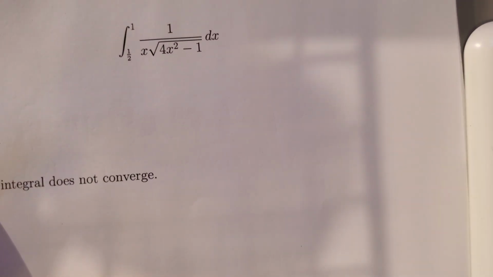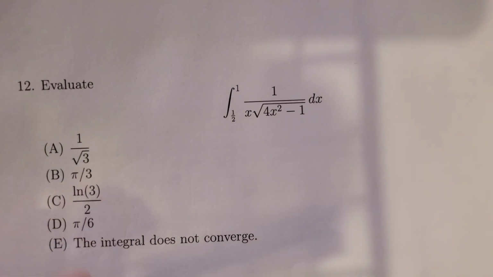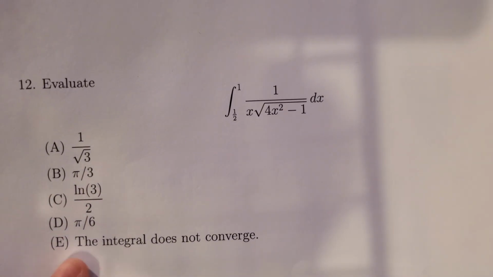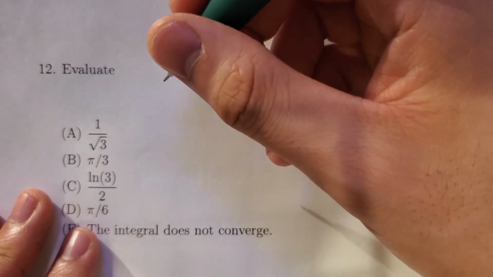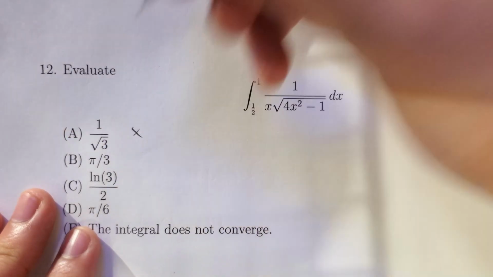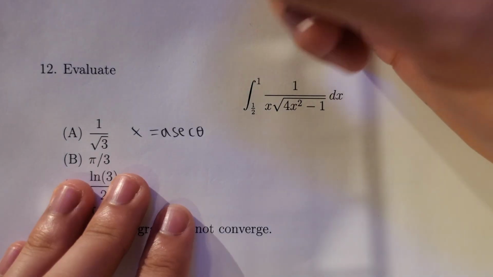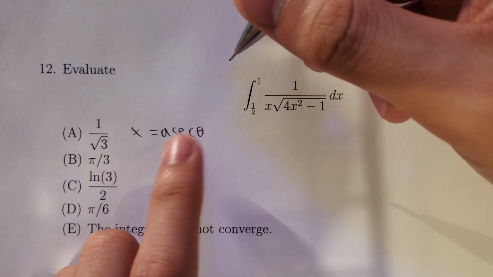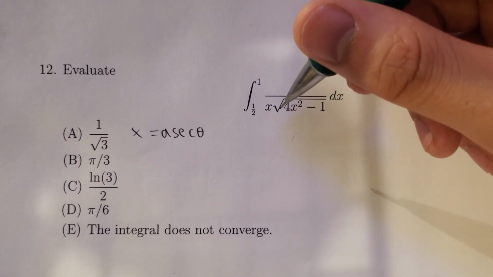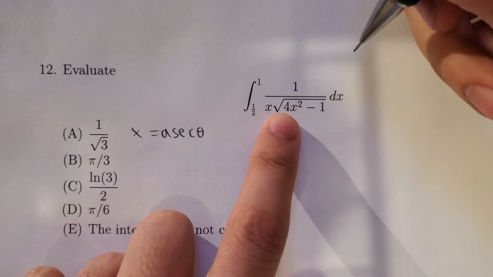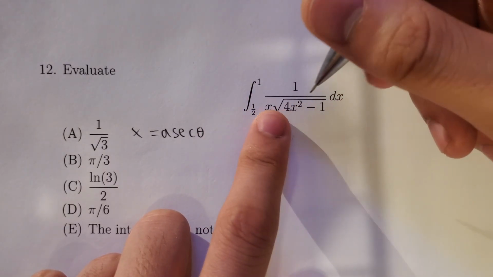So now from here, I'm going to start focusing on setting up the actual substitution for this integral. Since we know that x is going to be equal to a secant of theta, we're going to have to figure out what a is going to be. The way I would do it with this integral is first I would isolate this 4, and I'm going to split this into 2 radicals.